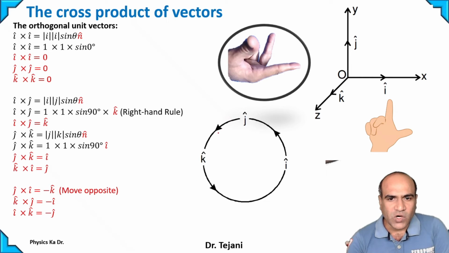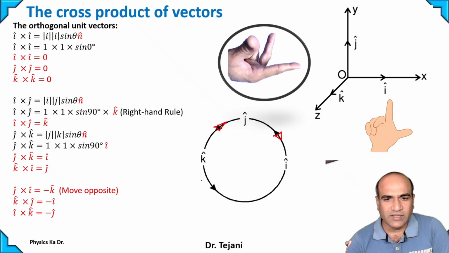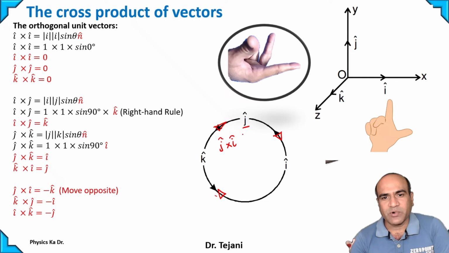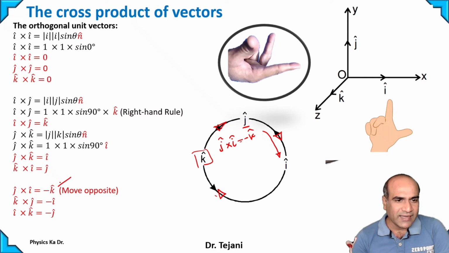See here, if we take the opposite directional movement, for example, j cross i, direction is very important when we talk about cross product. We are moving from j to i in the opposite direction, so we get k, but here it is minus k. If you move in the opposite direction, we get a negative result.